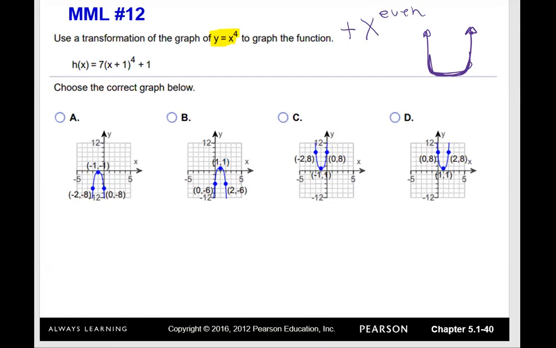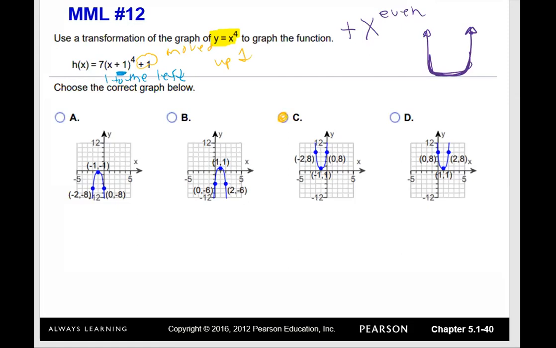Let's see, but they have shifted 1 to the left, right? They moved it 1 to the left. And then this one means it moved up 1. So it went from 0, 0 to 1 to the left and up 1.